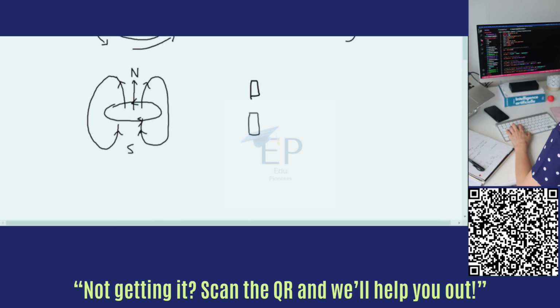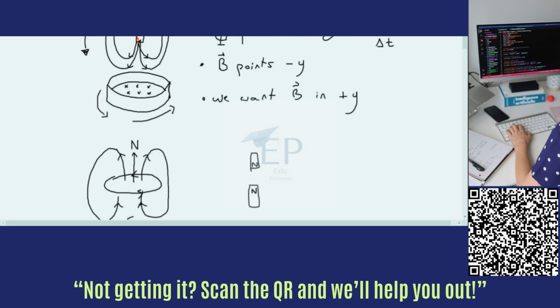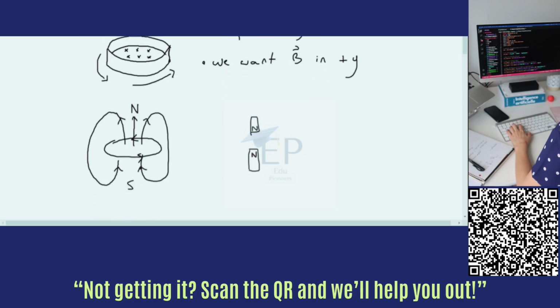So north versus north here. And if that's the case, we know that these are going to oppose each other, because like poles force each other away. So it makes total sense that we'd expect this magnet to slow down as it passes through the loop.